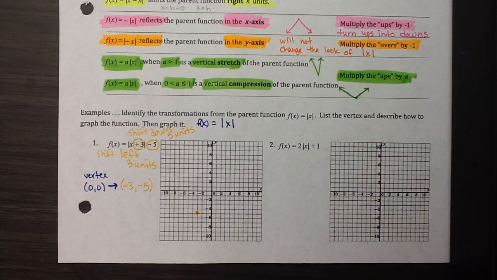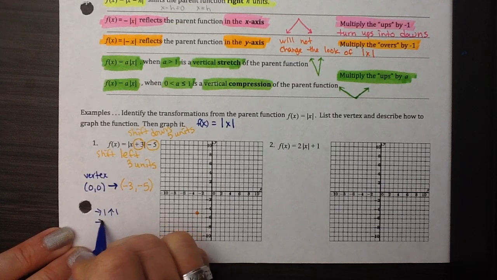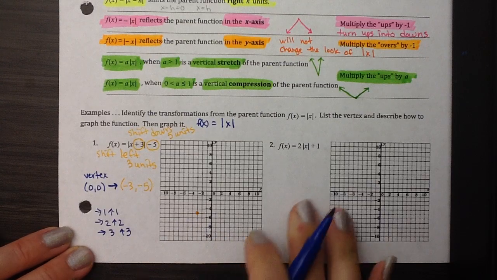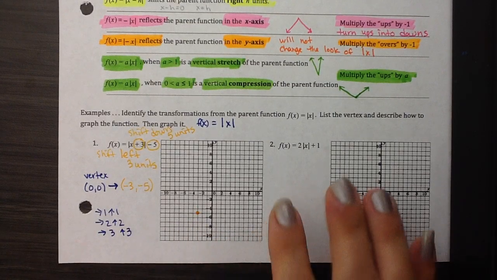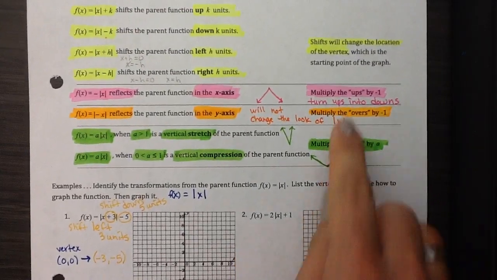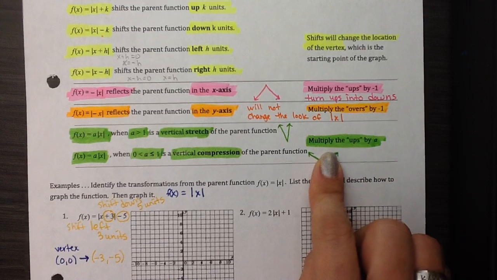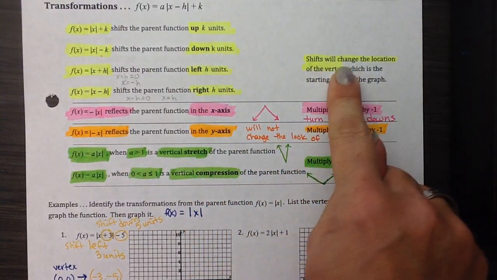Then how do I graph it? Normally I graph it by going over 1, up 1, over 2, up 2, over 3, up 3. And then what's going to change possibly my pattern would be the reflections and the stretch and compression. So the shifts up, down, left, and right change the vertex.